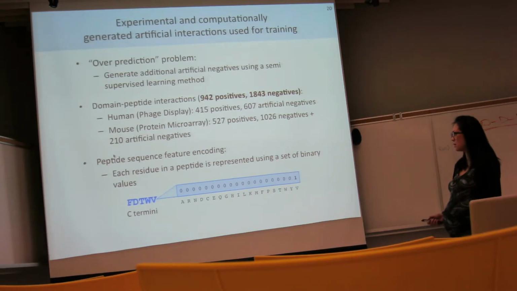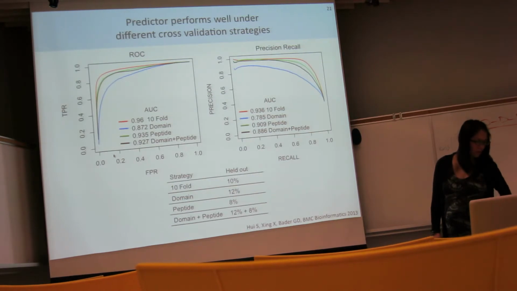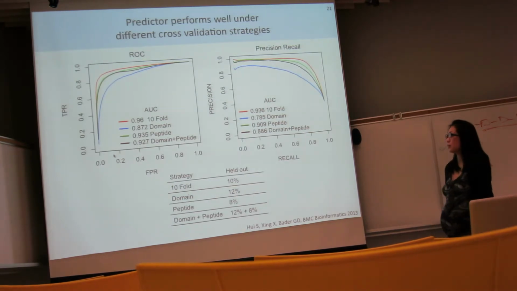The peptides in the interaction data set were then encoded, where for a given peptide, each residue is encoded using a binary vector in which all entries are zeros except for one, indicating the residue that's being encoded. We also performed cross-validation to estimate the predictor's performance.